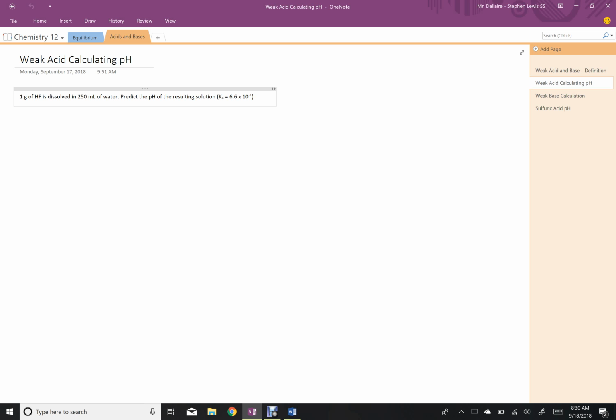So the first thing we're going to do here is get the concentration of that HF in the water in the initial situation. So we have to get the moles of HF, which is going to be the mass divided by the molar mass, which is 1 gram divided by 1 gram per mole for the hydrogen plus 19 grams per mole for the fluorine.